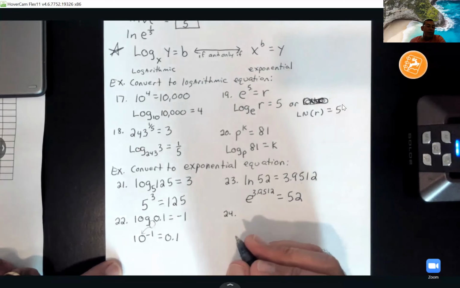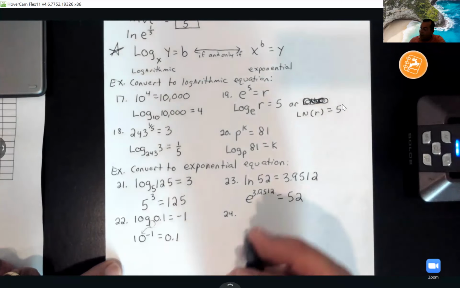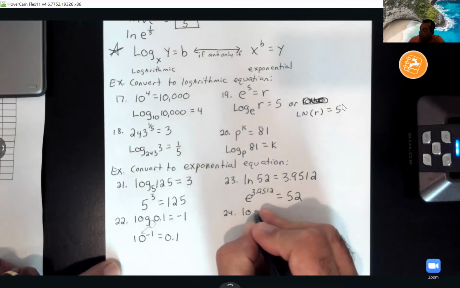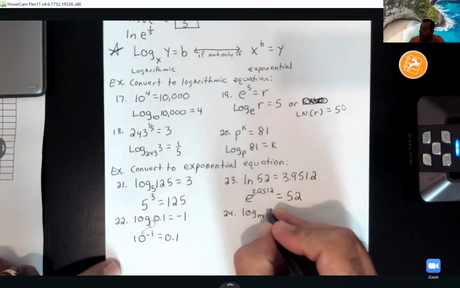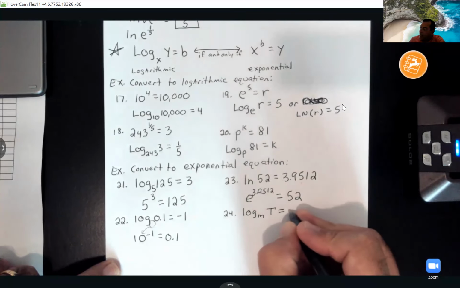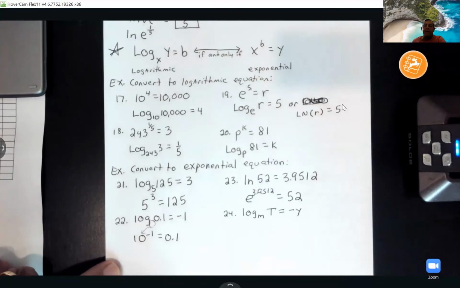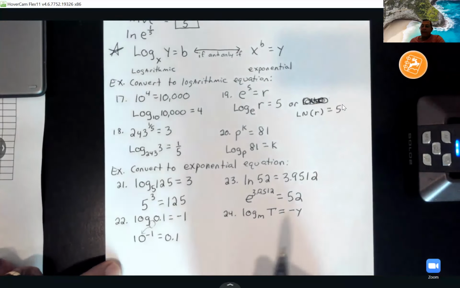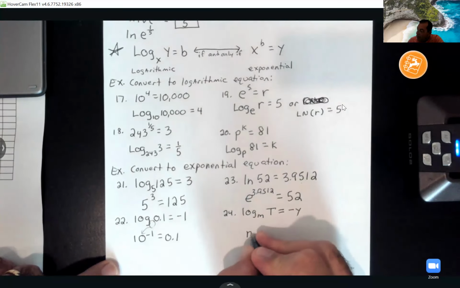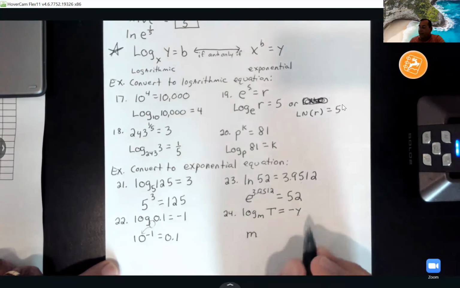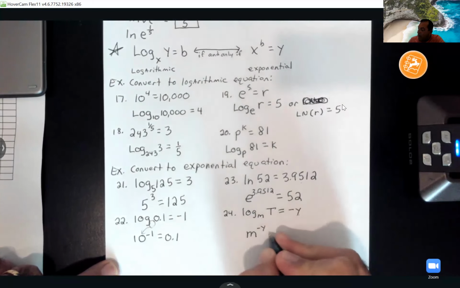All right, then one, they're going to throw the alphabet at us. So here we go. We got a log base m of a capital T equals -y. Base is the m. Exponent is the -y.